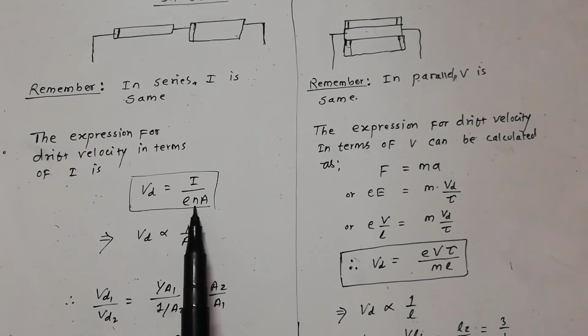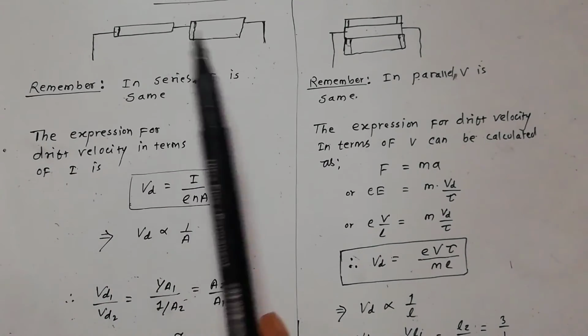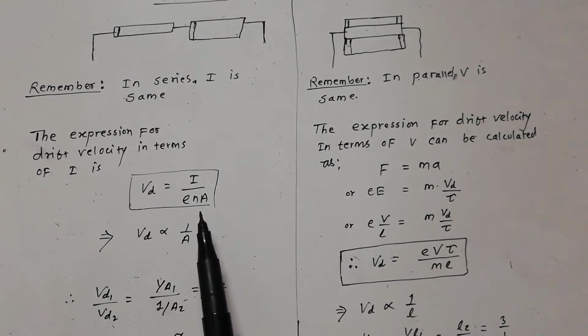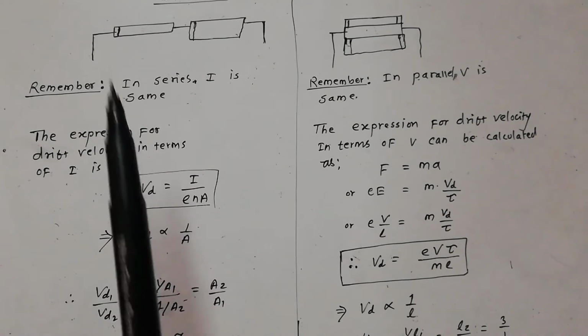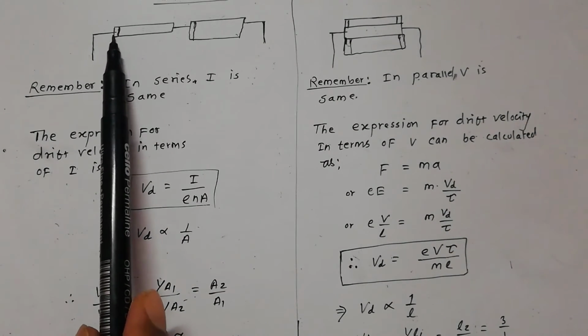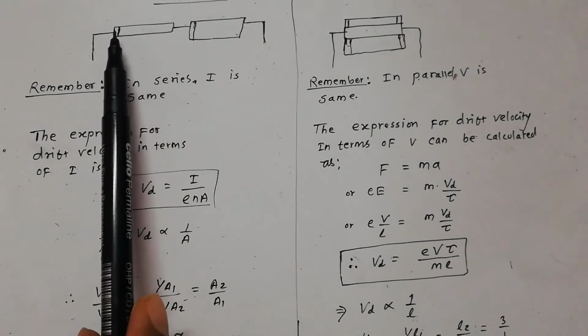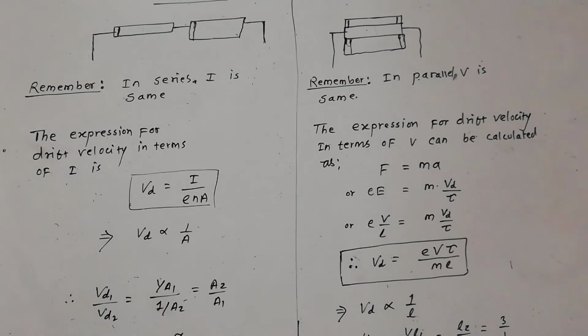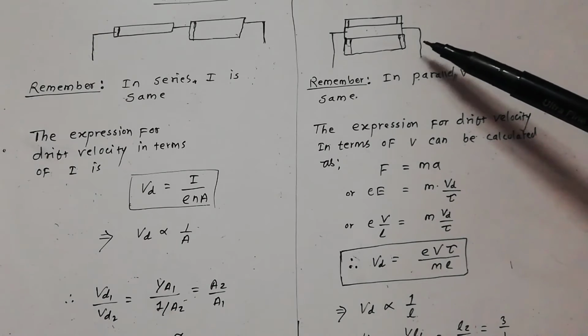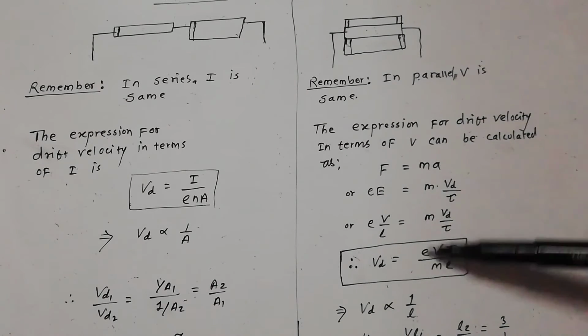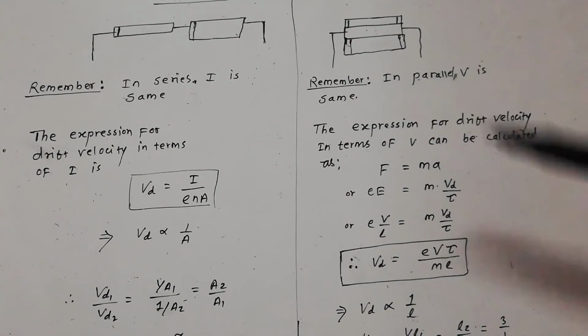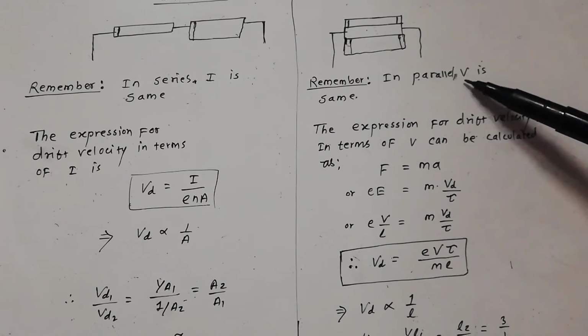n is the electron density. These two conductors are copper conductors, so the electron density is the same. So A is different here. This is the A and this is the A. So these two A are different, right? So we have seen that Vd is directly proportional to 1 by A. This is the relation. And if we compare this expression with this connection, we have seen that e is the same, the electronic charge is the same, potential is the same because in parallel connection V is the same.